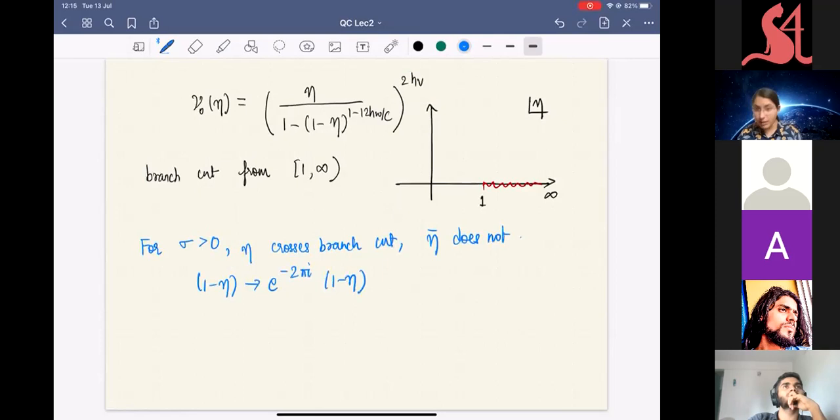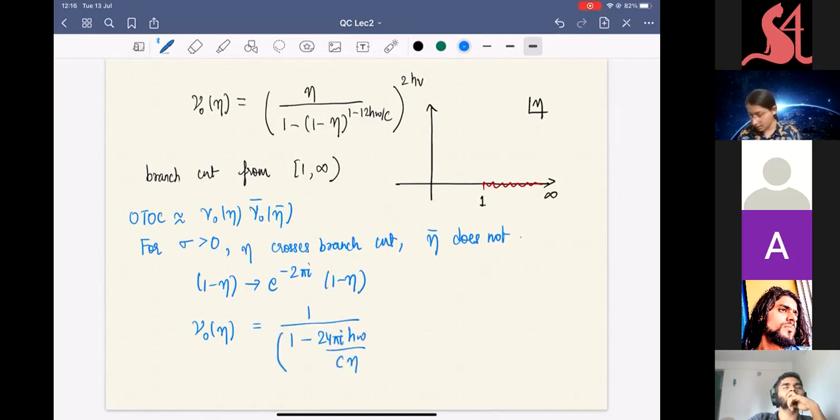And when we substitute this in the OTOC, we get V0 of eta to be 1 over 1 minus 24 pi i hW by c eta.